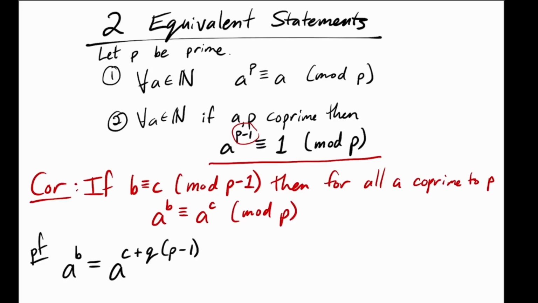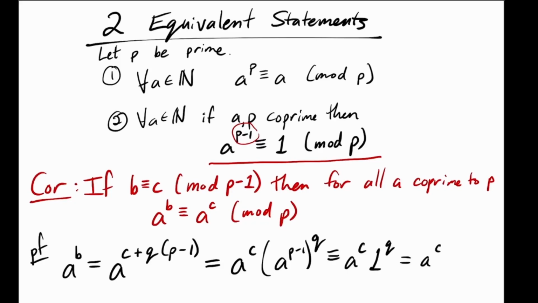And just using our basic rules of arithmetic with exponents, we can rewrite this as a to the c times a to the p minus 1, raised to the q. And since Fermat's theorem tells us that this a to the p minus 1 is congruent to 1, the whole thing is a to the c times 1 to the q, which is just a to the c. Again, this is all mod p, right? So we reduce the exponent mod p minus 1, and we get a result mod p.